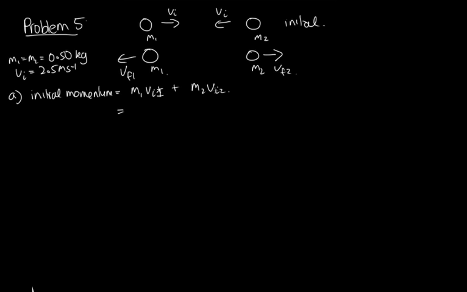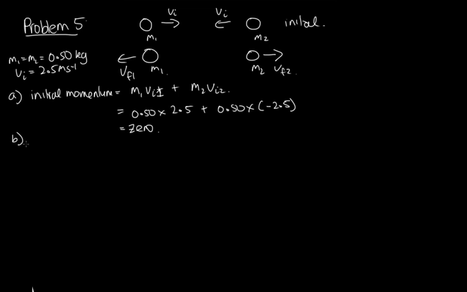And so remember, these are vectors, so they do have a direction. So we've got m1, which is 0.50 times 2.5, plus m2, which is 0.50 times this, but this is in the opposite direction. The initial velocity here is in the opposite direction to this one, so we can take left to right as positive and right to left as negative, so this is minus 2.5. You can see these cancel each other out and we get 0.